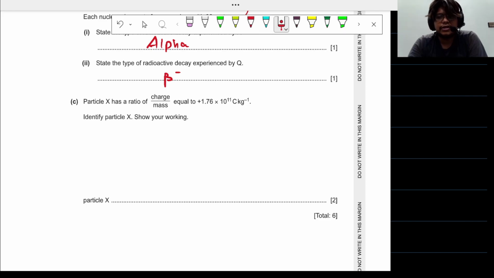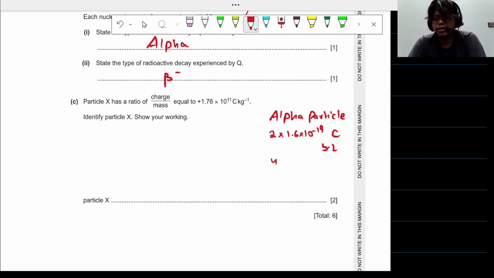So assuming this is an alpha particle, let's find out the charge for an alpha particle. The alpha particle has 2 protons, so the charge would be 2 times 1.6 times 10 to the power minus 19. That is 3.2 times 10 to the power minus 19 coulombs, right? An alpha particle has 4 nucleons, that is 2 protons and 2 neutrons.